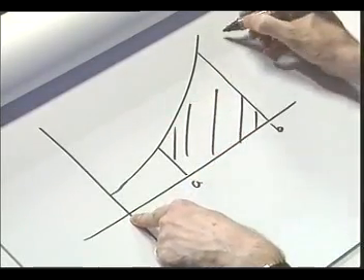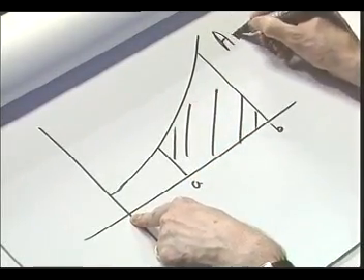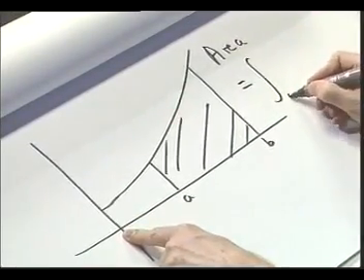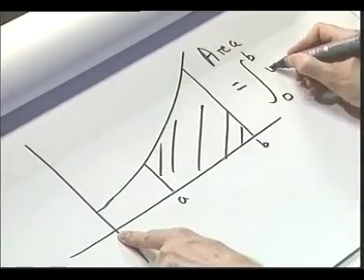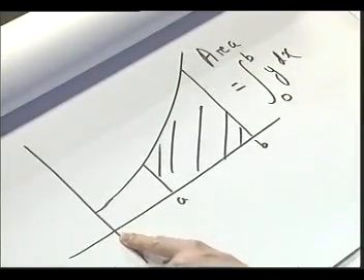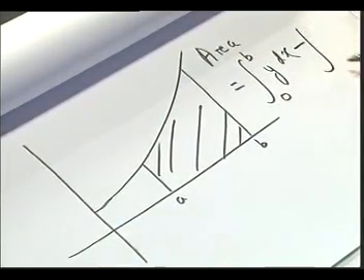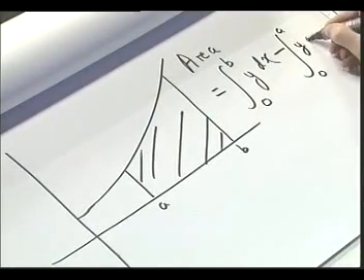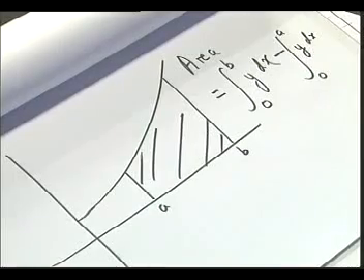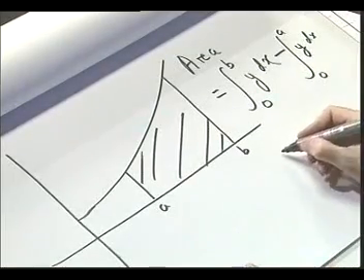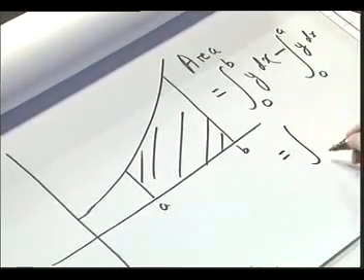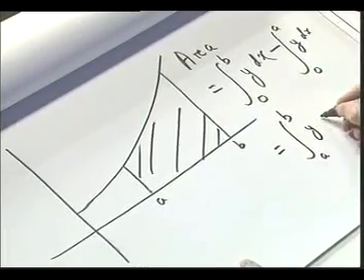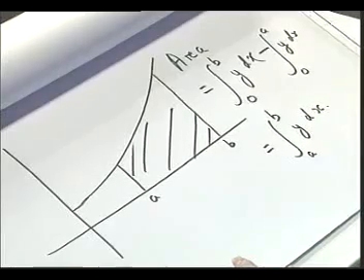So this area that we're wanting is equal to the area from 0 to b, which is that, minus the area from 0 to a, which is that. Now, it seems quite natural to write that as the integral from a to b of y with respect to x.